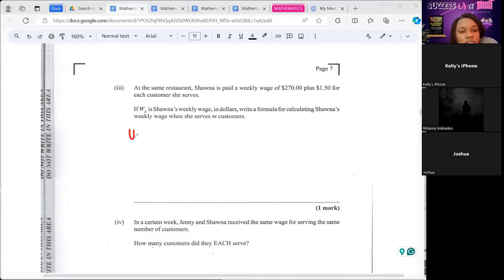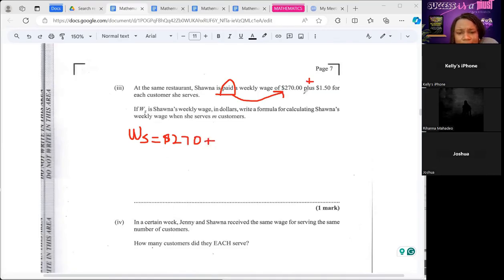So the amount of wage or salary that Shona will get is equal to her flat fee, because it said she is paid. So she's sure to get this amount, the $270. So that is like a must. Plus means to add, right?